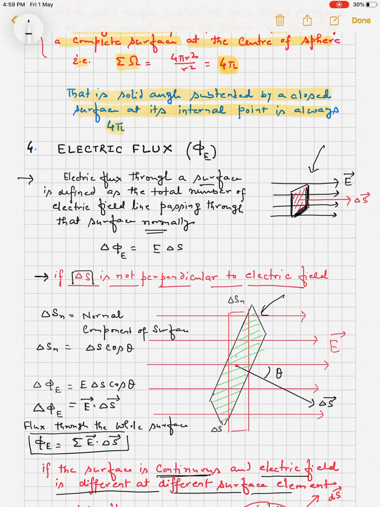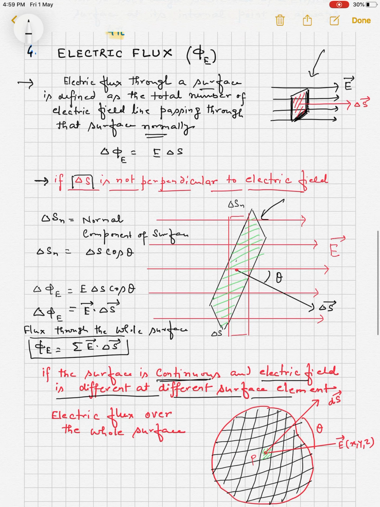If the surface is continuous and the electric field is different at different surface elements, here is a diagram, a surface having a number of elements. Here I am considering one element P, and a charge Q is situated at the center. So the electric field will be different at different elements. Here E is radially outward, and ds is the area vector of this element, and the angle between the E vector and ds vector is theta.